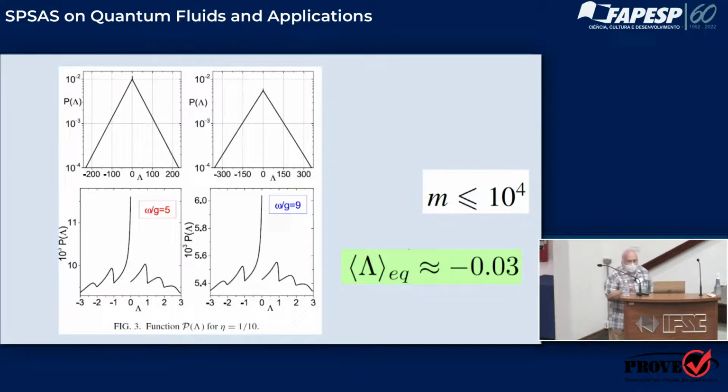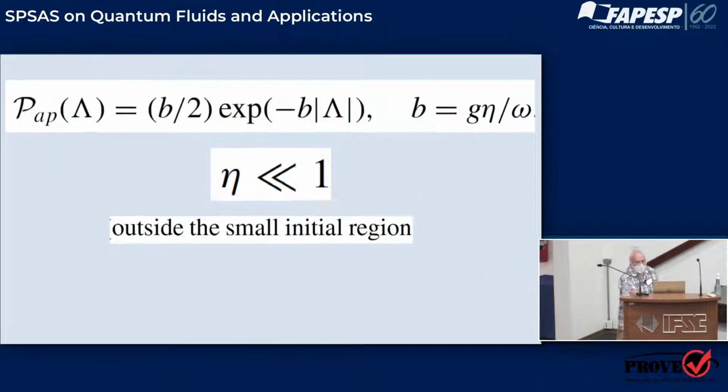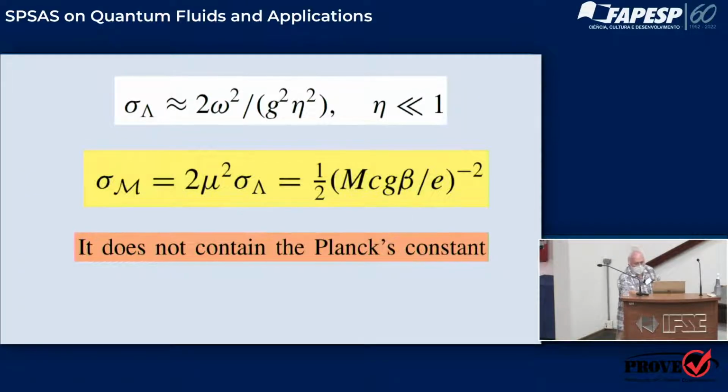And this result was obtained by us some time ago, and this approximate function again is approximately an exponential function, except for a very small region nearby zero. And some new results, because something is very interesting.